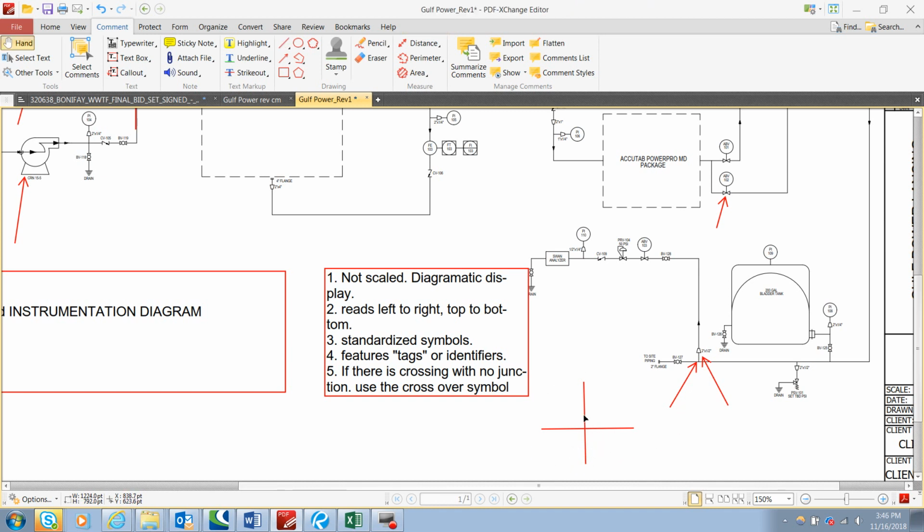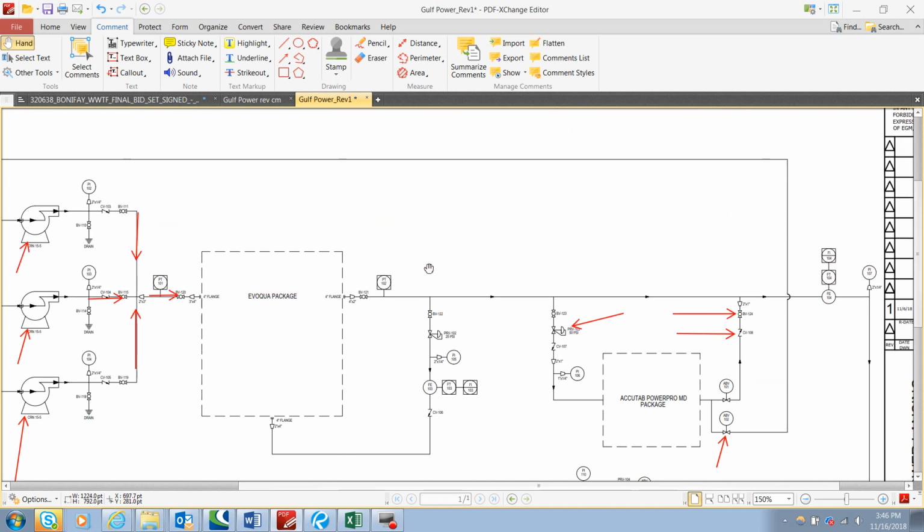If this line just crosses over or under, then we need to show it accordingly. It doesn't need to be joined together. We do this with this particular symbol here. So this line here is not connected to this line here.